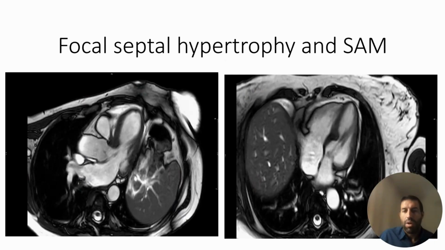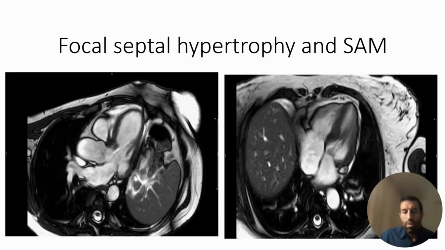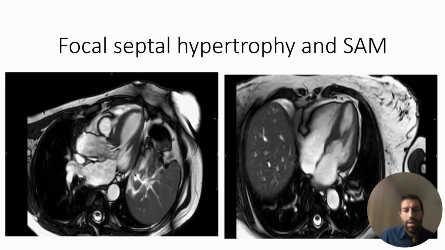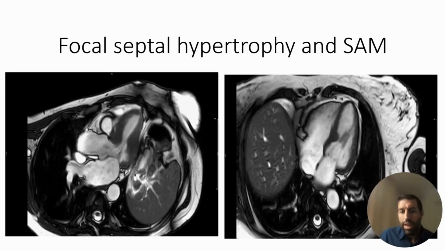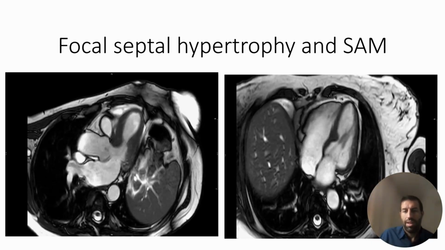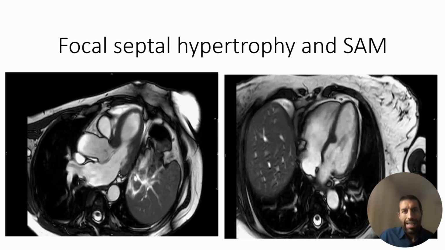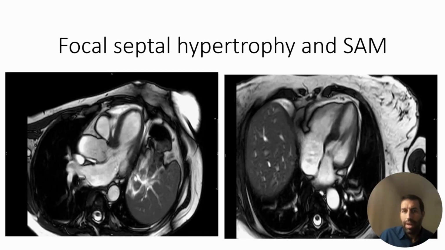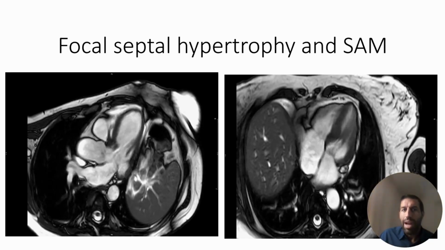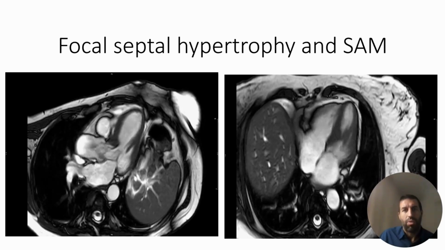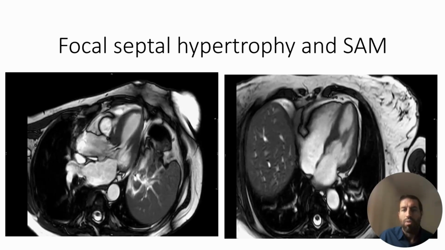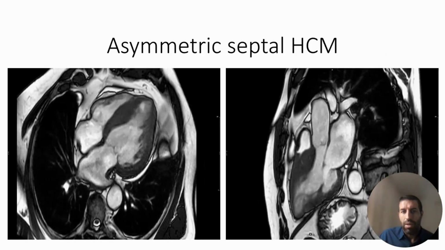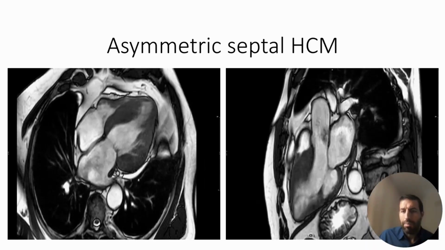Here we have a focal septal hypertrophy with obvious turbulence in the LVOT area due to systolic anterior motion of the mitral valve leaflet. CMR is excellent for the visualization of the SAM, however, it is limited in reliably measuring dynamic outflow tract pressure gradients, and in particular provocable gradients. In this slide, we have a common asymmetric septal hypertrophic cardiomyopathy.